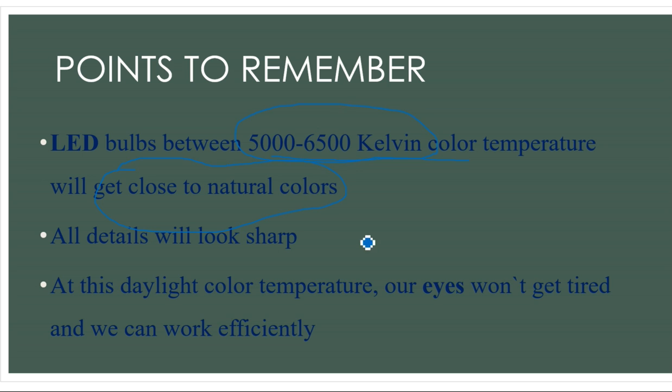In this range, the details look sharp, you get very clear details. Another advantage at this daylight color temperature is that the eyes won't get tired and we can work efficiently. And what is that color temperature? 5000 to 6500 Kelvin.